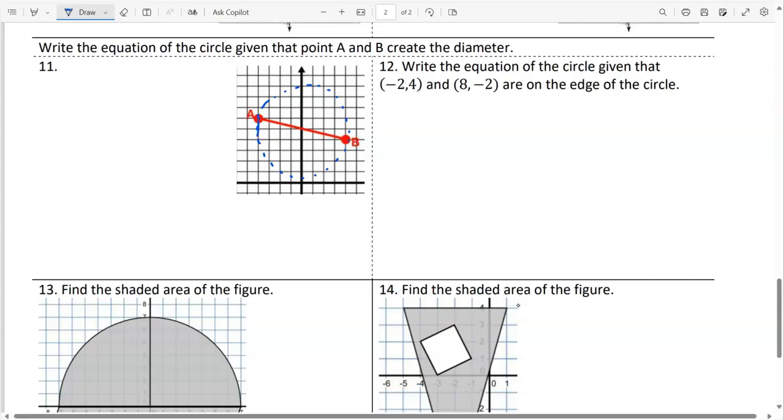If I go down 2 and 1, 2, 3, 4, 5, 6, 7, 8 over, the midpoint is going to be our center. So we're going to go down 1 and over 4. We divide these both by 2. That equals 1. This equals 4. So down 1 over 4 puts our center right there. We erase all this work around here now, so it's a little cleaner.